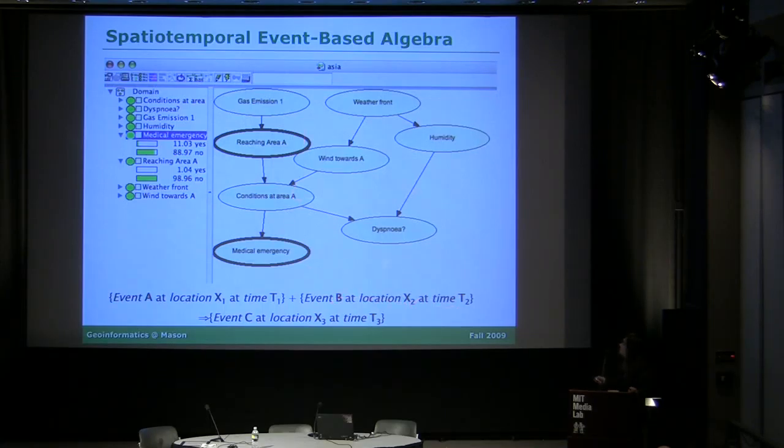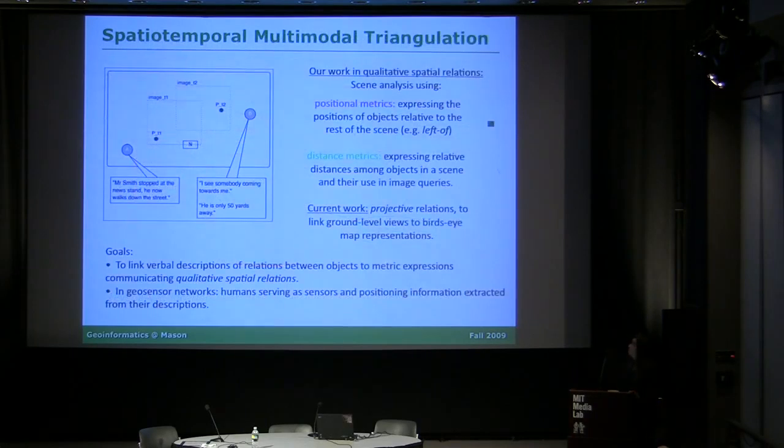Can this be used to predict that a third event will happen at another location at a different temporal instance? So, for instance, if there is a gas emission that is reaching an area and there are certain conditions in this area, do we have a medical emergency? Is there a dyspnea? If there is wind going in this direction, how are these things all related to come back to something that occurs and which we could be protecting people from?